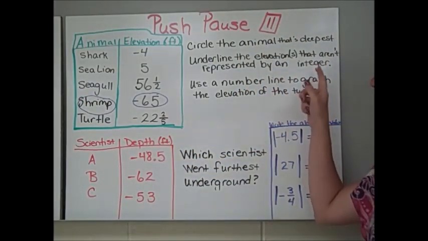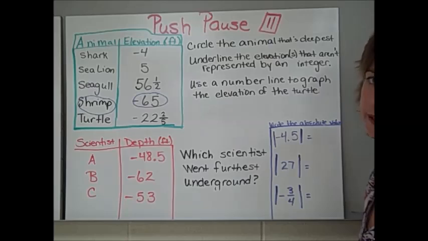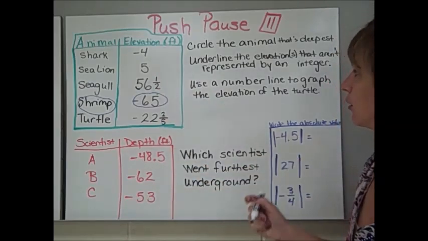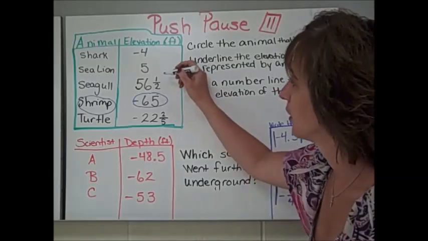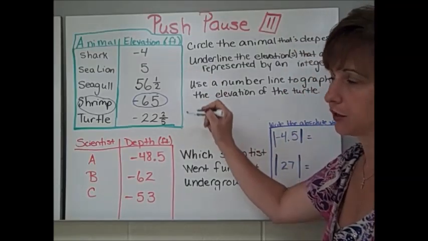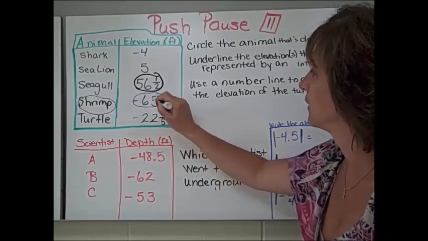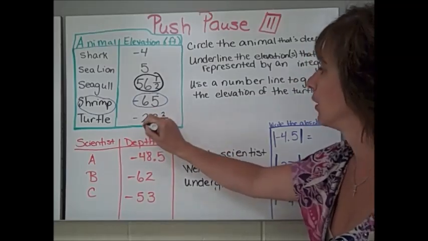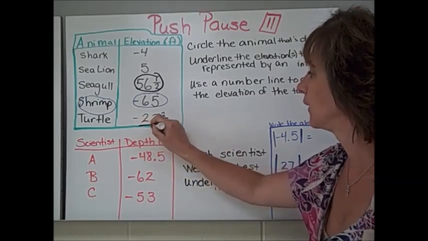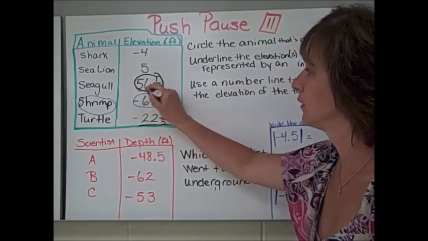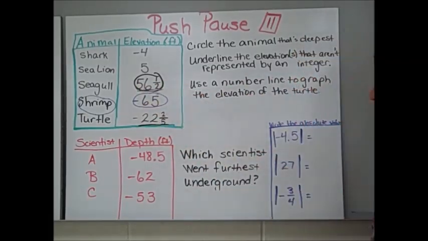Underline the elevations that are not represented by an integer. Here are elevations, and the ones that are not integers are the ones that have fractions as part of their number. The ones that are not whole numbers or their opposites. And you can tell that I did not read the directions, so you should have underlined 56.5, not circled it.